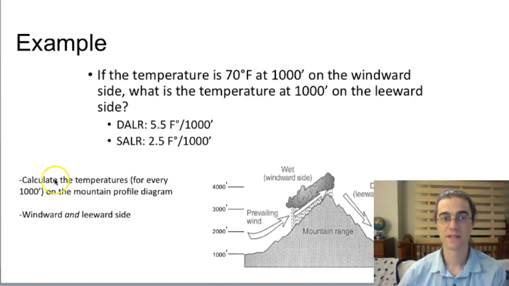Okay, so let's think about calculating the temperatures for every 1,000 feet on this mountain profile diagram on the windward and leeward side. We're given these two different lapse rates, the dry and the saturated. What you need to think about is that as it ascends the first 2,000 feet, we're going to be at the dry adiabatic lapse rate.